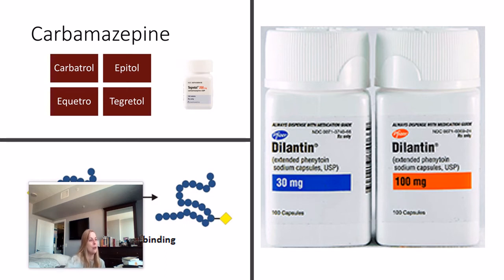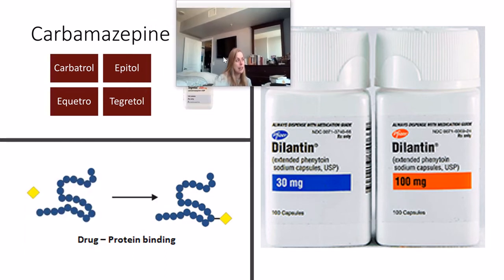Okay, so of note, these two medications, carbamazepine and also Dilantin, these are the trade names of carbamazepine, by the way. I thought that would be helpful. They're both protein binding drugs, which means that if we have both of them at the same time, they are going to be 40% less effective.